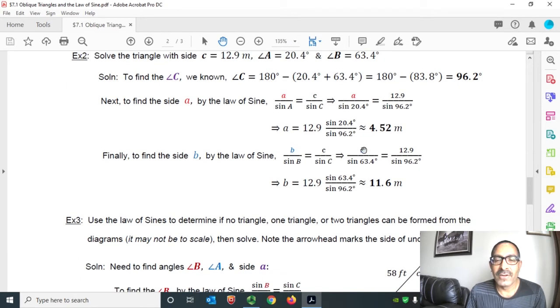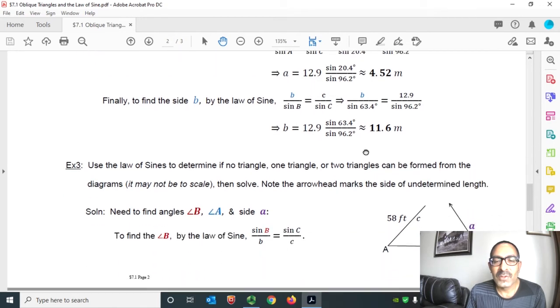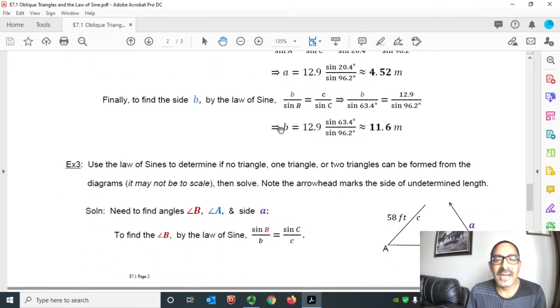We are going to find B. So B over sine of angle B, which is 63.4 degree, equals side C, 12.9 given to us, over sine of C, angle C which we already found earlier, 96.2. Then cross multiply, so B equals 12.9 times sine 63.4 degree over sine 96.2 degree. Using a calculator, it turns out that side B equals 11.6 meter.